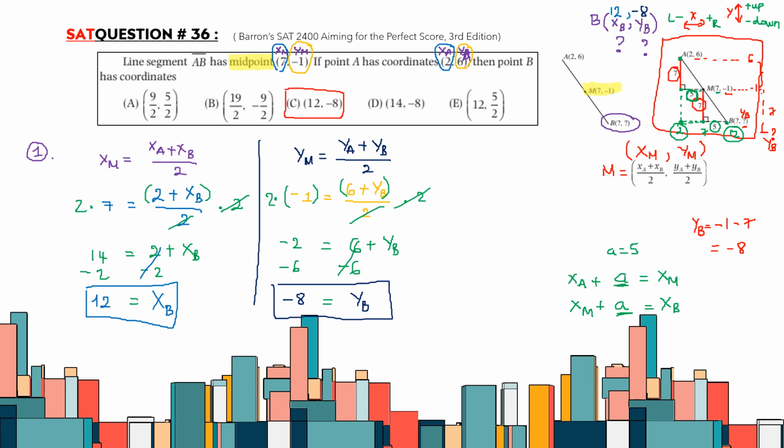Similar to y: you have y sub A, you subtract A because you move down, equals y sub M. Or you can add A as well, but your A will be negative. So y sub M plus A equals y sub B.